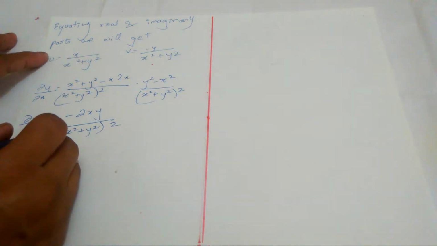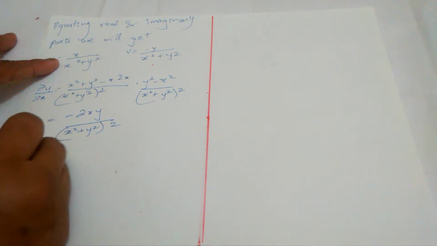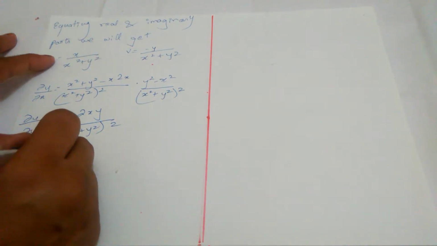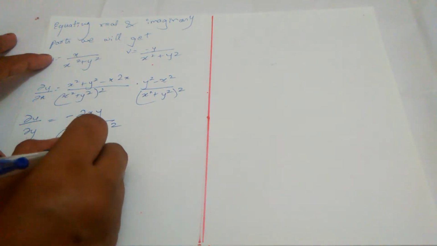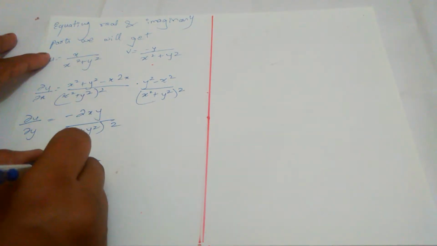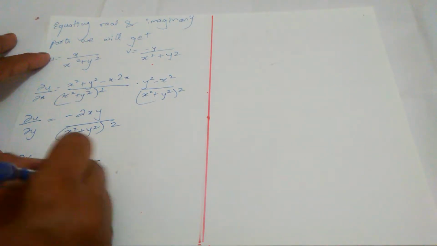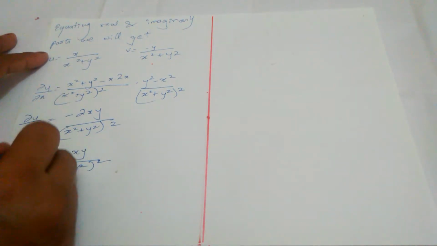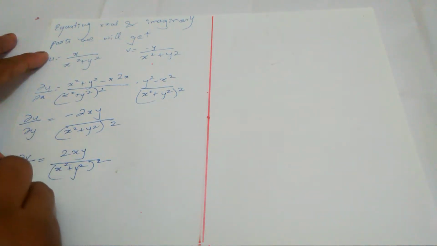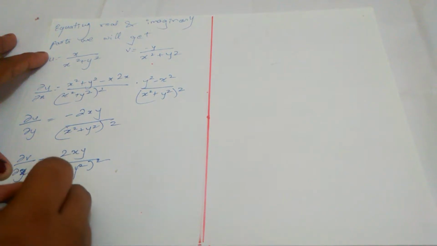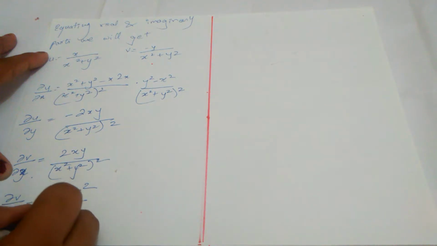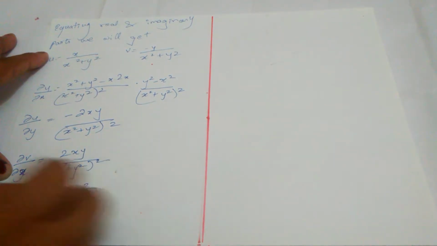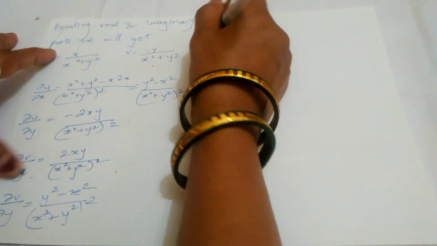Then dv/dy is equal to 2xy upon (x square plus y square) the whole square. This is dv/dx, and dv/dy is equal to (y square minus x square) divided by (x square plus y square) the whole square. So this we will be getting.